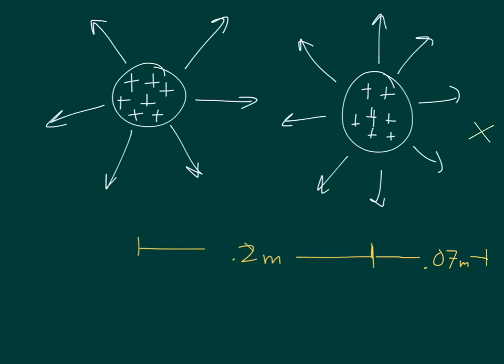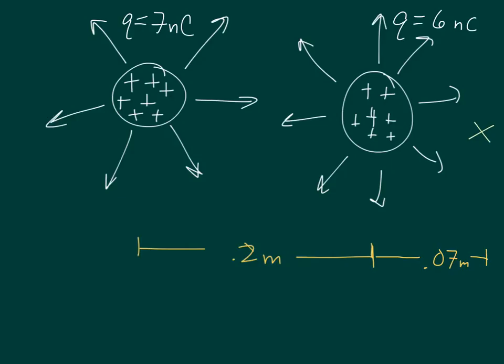Now we have to know what the actual field itself is. So let's say that the one on the left is, we'll make it a small number, like 7 nanocoulombs. And the one on the right is, let's say, 6 nanocoulombs. So remember, nano is times 10 to the what?